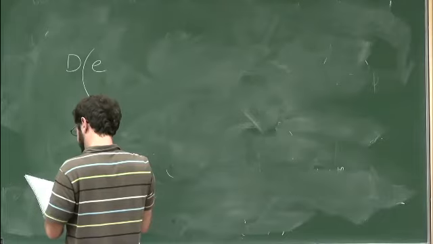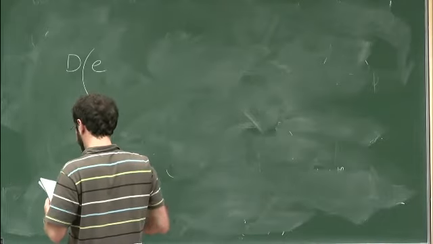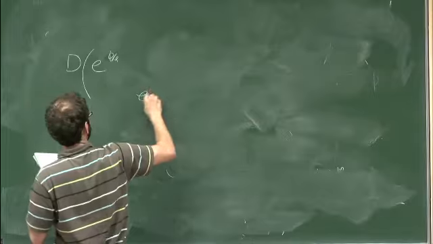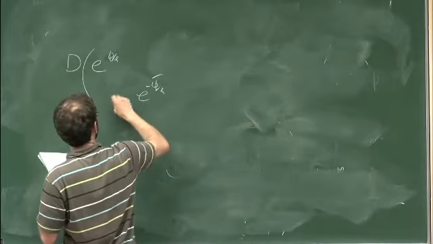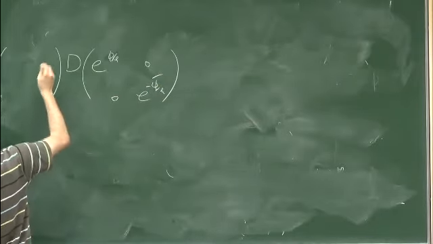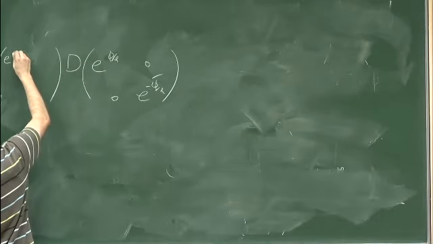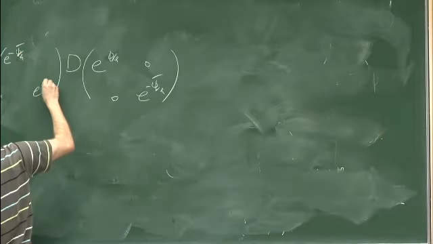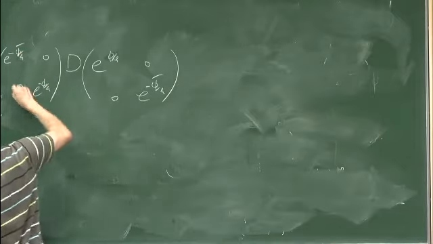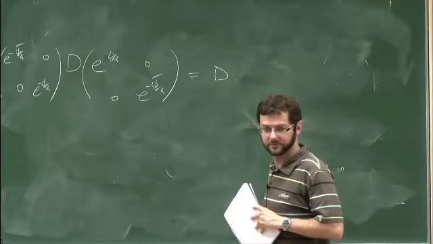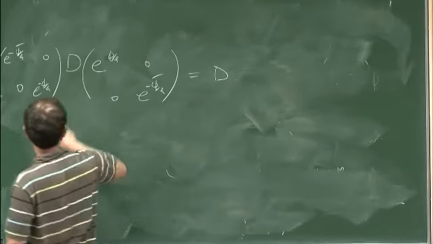You can observe that this operator D commutes with this operator, minus phi bar, exponential phi over h, minus phi over h, D. Just from the form of the operator D.